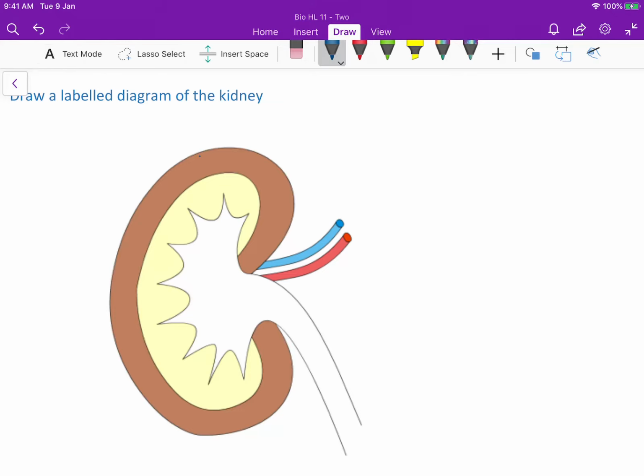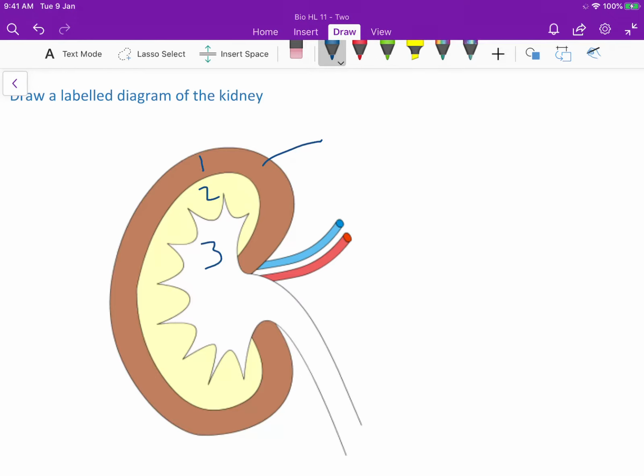So we could label these as 1, 2, 3. And I would pause the video now to draw the general outline. You need to draw yourself the 2 blood vessels which are connecting as well. And then let's go ahead and label it.